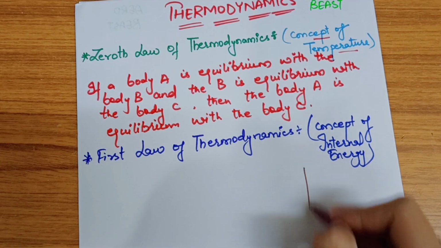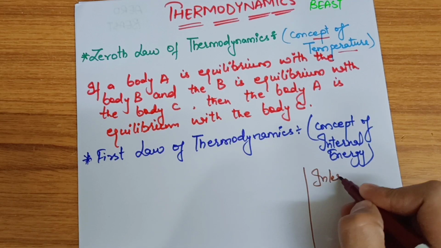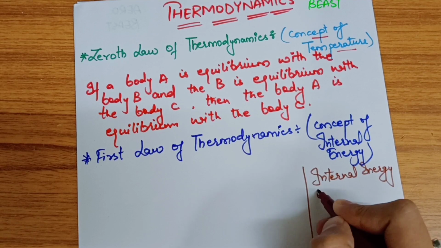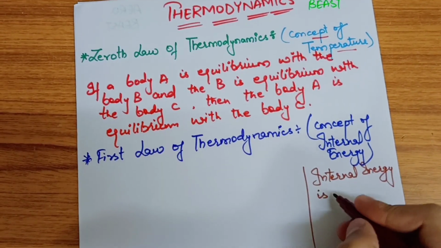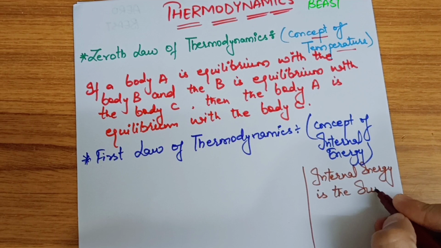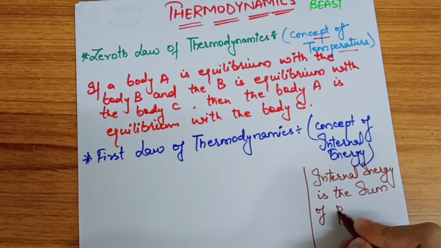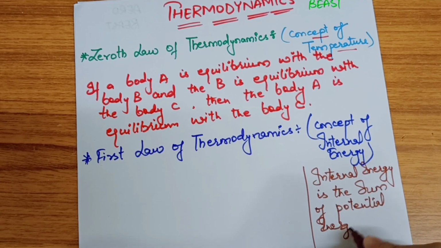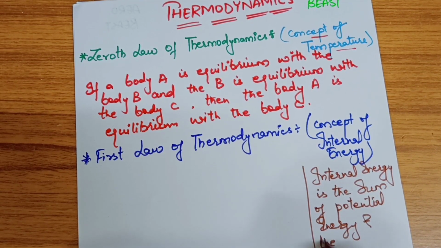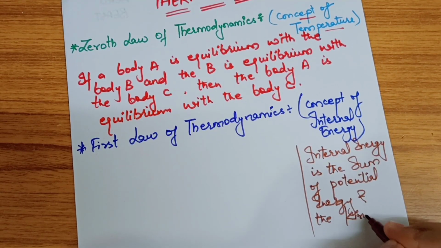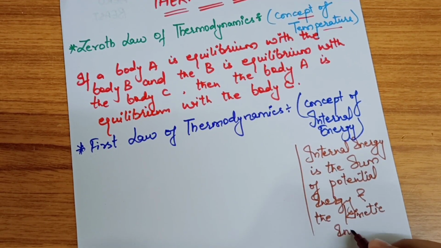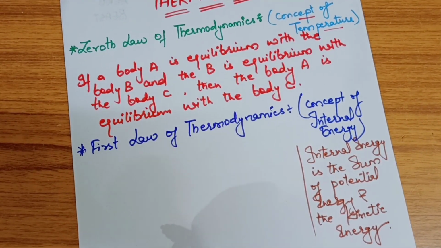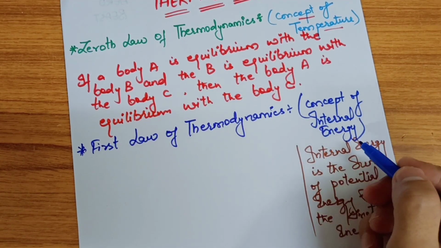Internal energy is the sum of potential energy and the kinetic energy. So the first law of thermodynamics gives the concept of internal energy.